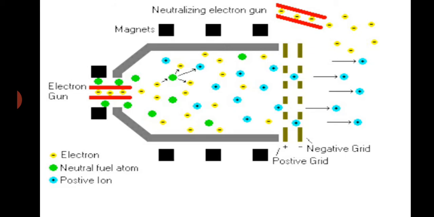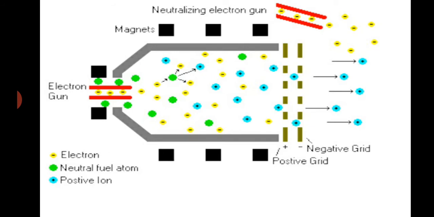High strength magnets are placed along the discharge chamber walls, so that as electrons approach the walls, they are redirected into the discharge chamber by the magnetic field. At the rear of the chamber, a pair of metal grids is charged positively and negatively, known as the positive grid and negative grid, with up to 1800 volts of electricity.